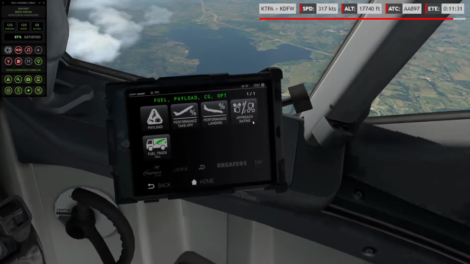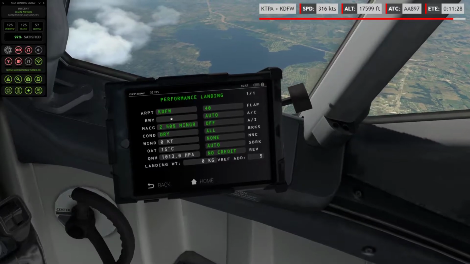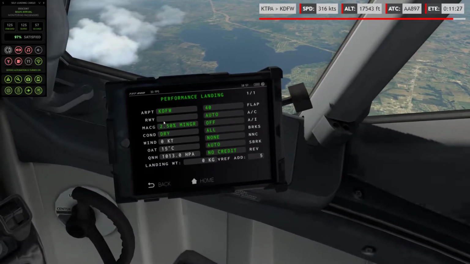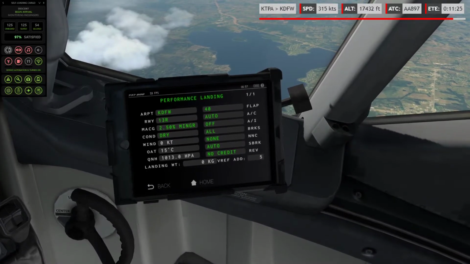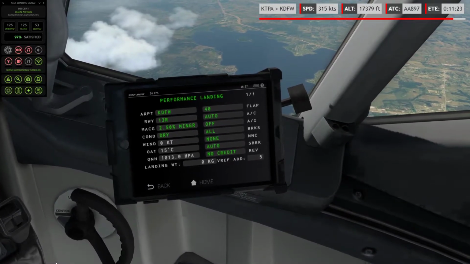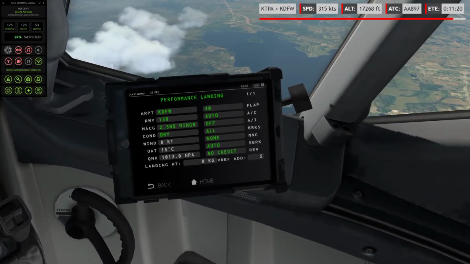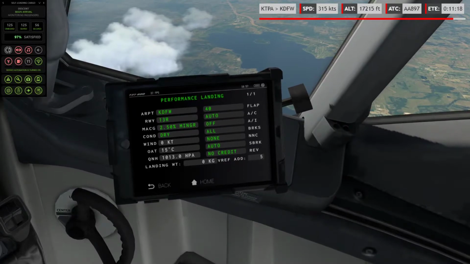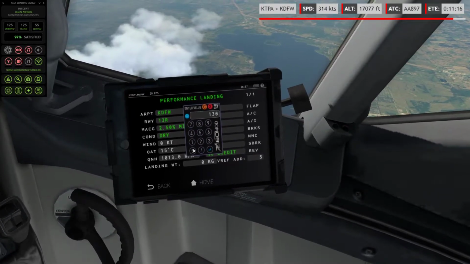I believe now you have to click that to actually see your landing ratings. 13 right for our landing. Runway condition is dry. Wind is 130 at 10 knots.